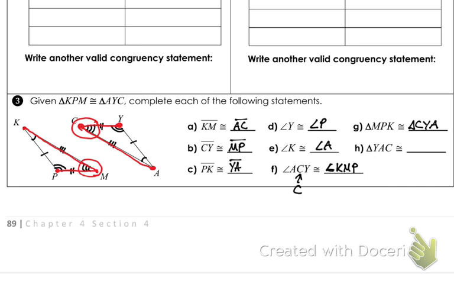Triangle YAK: Y matches up with P, because it is our second letter of each one. Our A is our first letter, which is K. PKM. And then PKM is correct.